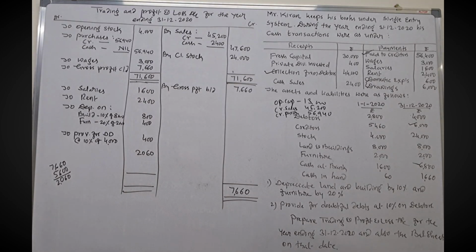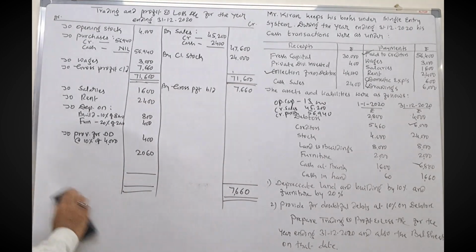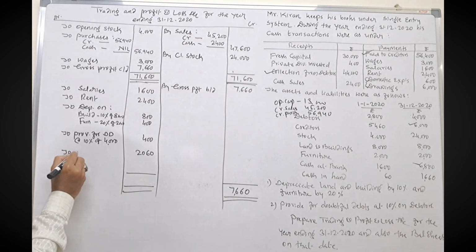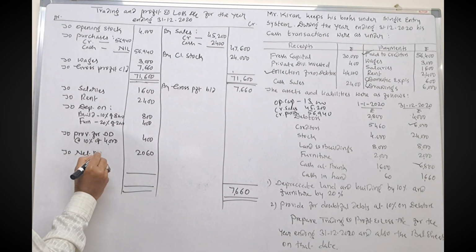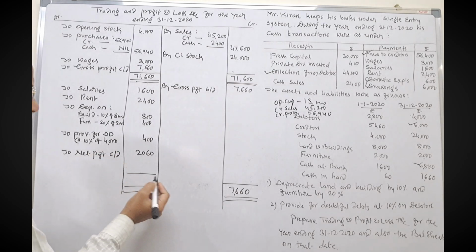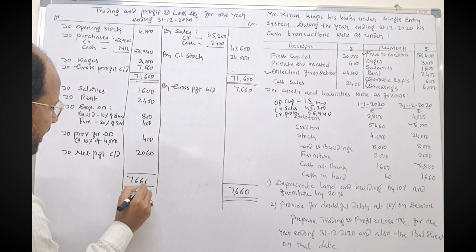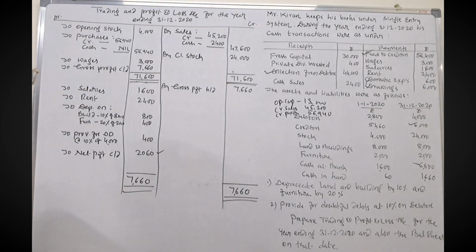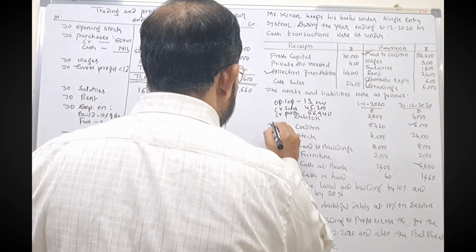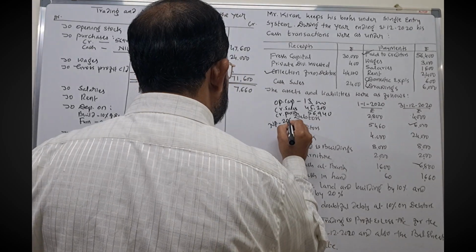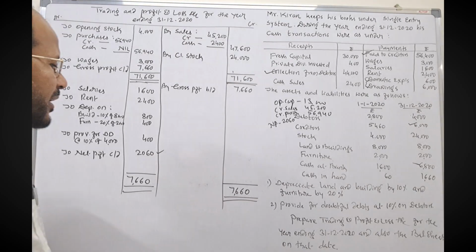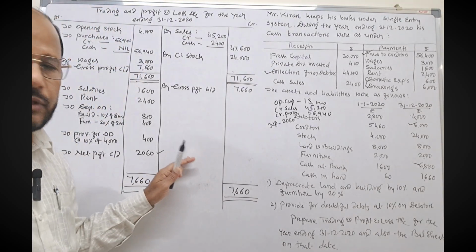What is this 2,060? This is the net profit. Therefore, I write here to net profit carried on, 2,060. Now this amount we are taking to the balance sheet. Therefore, here I am going to write net profit 2,060. These are the figures we need while preparing the balance sheet. I hope you understood this one.